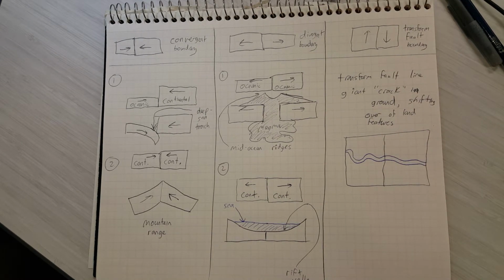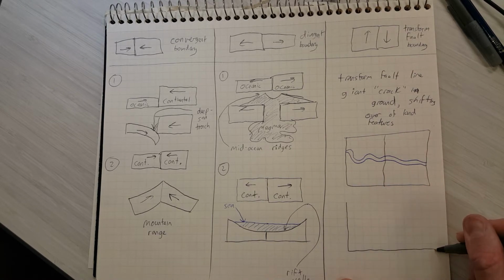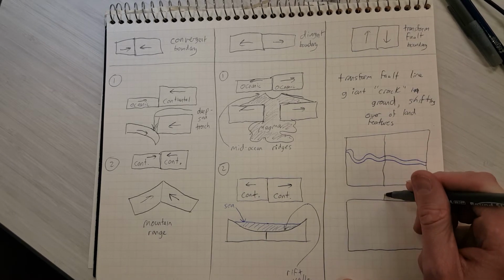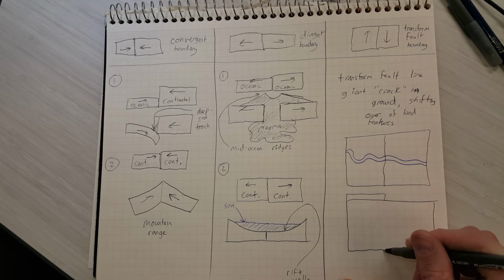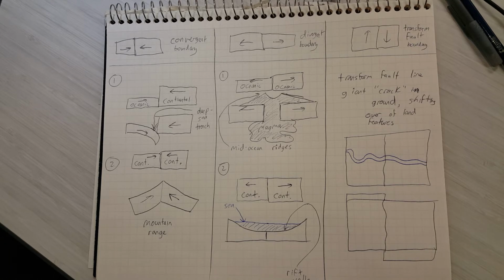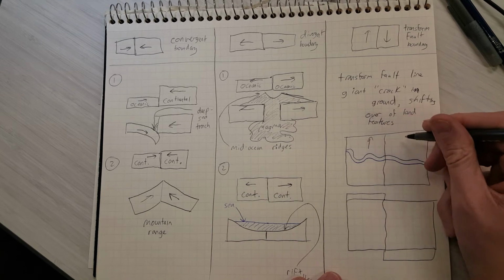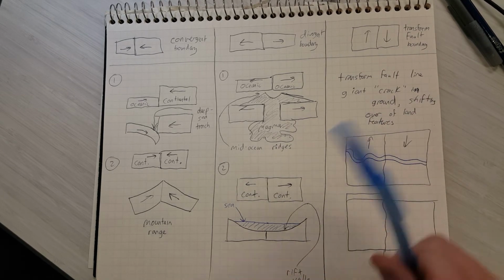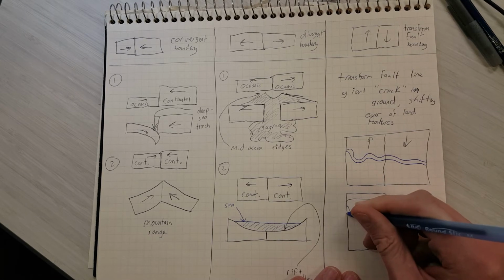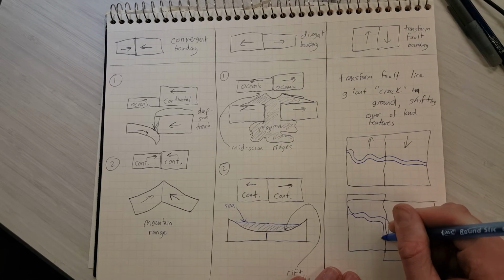When that transform fault boundary slips, it shifts side to side, at some point in the future, what we're going to see is, well, I guess we can imagine this part of the plate coming up here and this part being down here. So now we have a shift. So this one has moved this direction, this one's moved this direction. And now we have our river getting shifted as well. So we have this very sharp turn in the river along the riverbank.